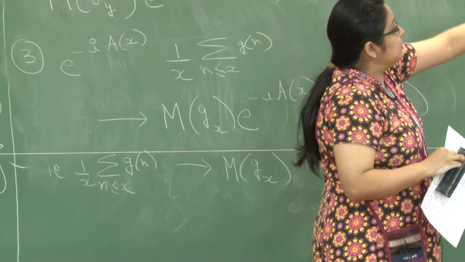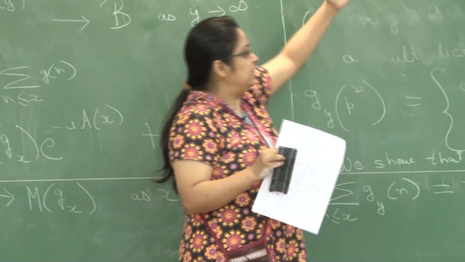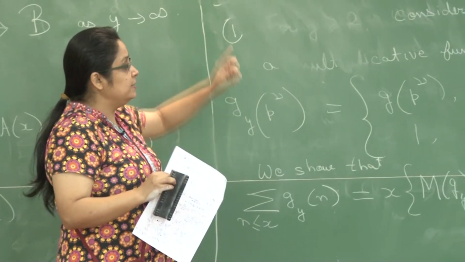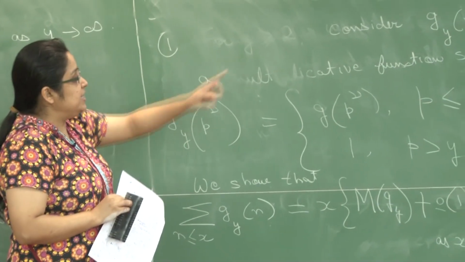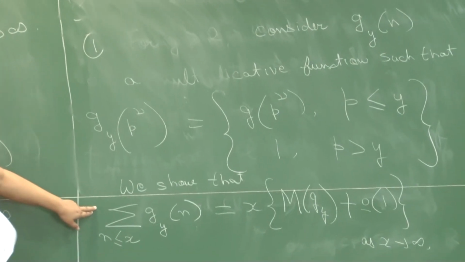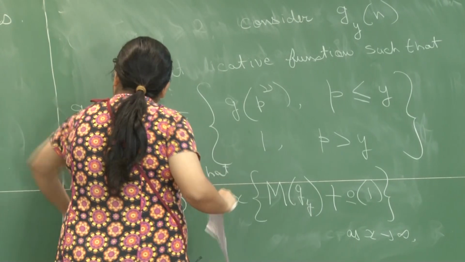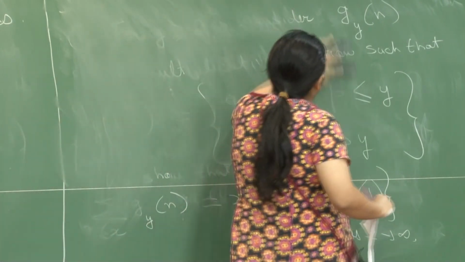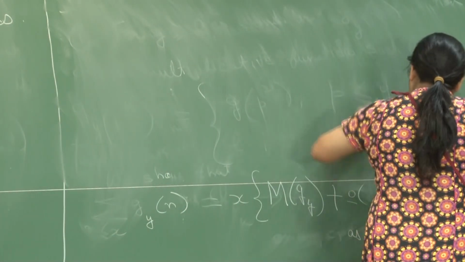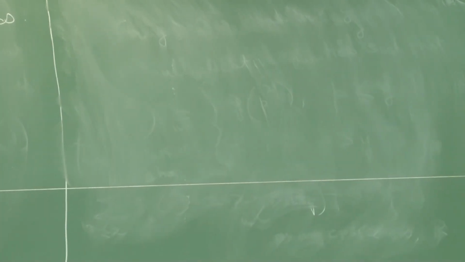So, what we do is, corresponding to these, we consider, let's call these local variants of your function, g sub y's, and we prove this corresponding mean value theorem for g sub y's first. Now, this is a very elementary argument, and in fact a very nice application of the Mobius inversion formula. So, let's work this out.